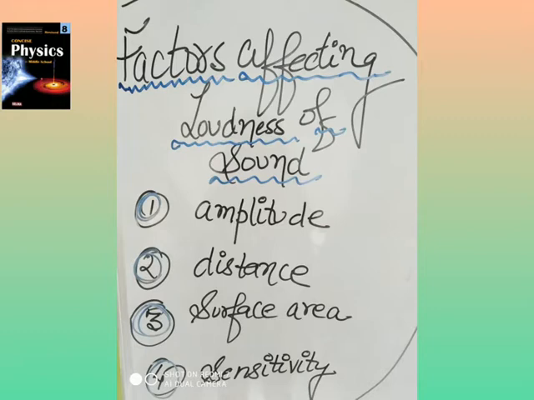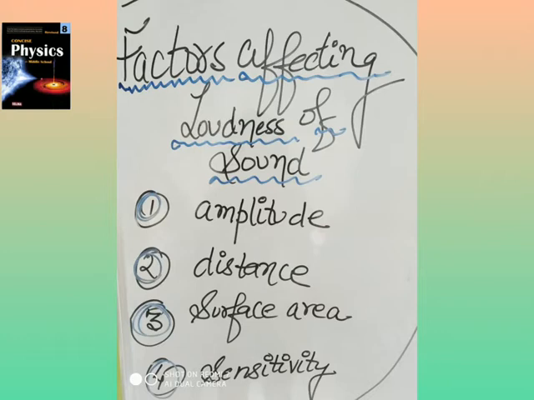A large vibrating area sends forth a greater amount of energy, so the amplitude is large and hence the larger the surface area, the louder the sound heard. Number 4, the sensitivity of the listener. A given sound may appear loud to one listener but not so loud to another. To a partially deaf listener, a louder sound will appear to be feeble.